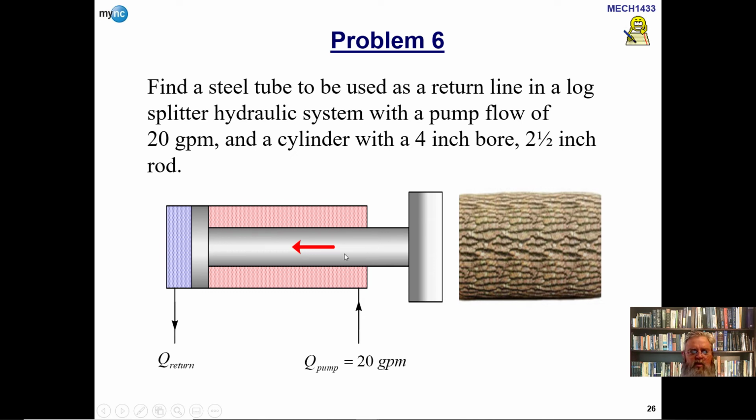We'll calculate it. So we want to choose a return line not based on the pump flow. The return line carries the intensified flow while the cylinder is retracting, and a de-intensified flow while the cylinder is extending. The de-intensified flow is not our problem because it's a lower flow. We want to make sure our line's big enough for the highest flow that it sees, which happens when the cylinder is retracting. Let's see how we do this then.